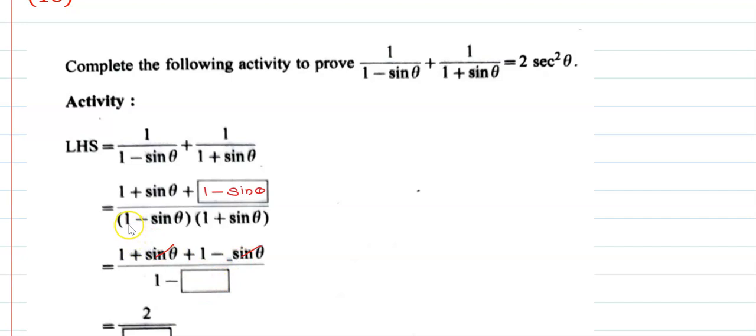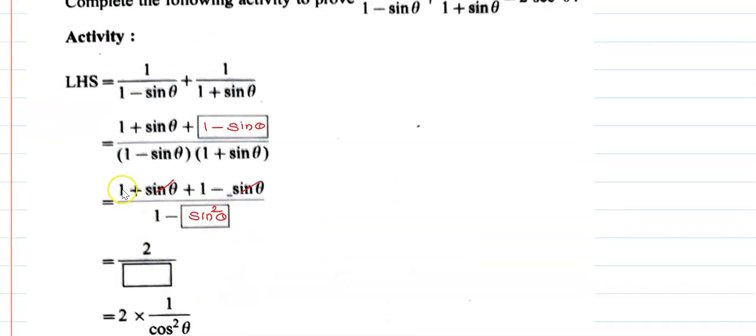Denominator ला काय मिळेल तुम्हाला? A minus b into a plus b means what? A square minus b square. That is 1 square is 1 and here is sin square theta. Okay. That is 1 minus sin square theta. पुढे काय? 1 plus 1 you will get 2. 1 minus sin square theta you will get cos square theta. Okay. This is the cos square theta.